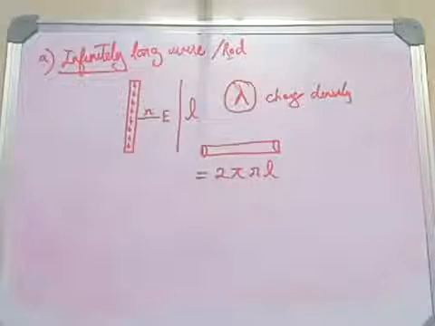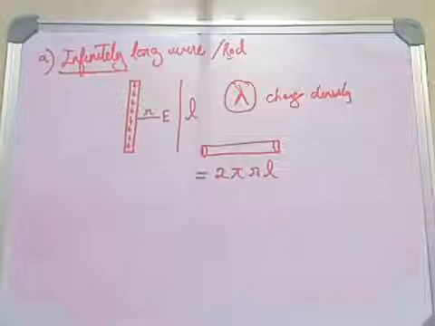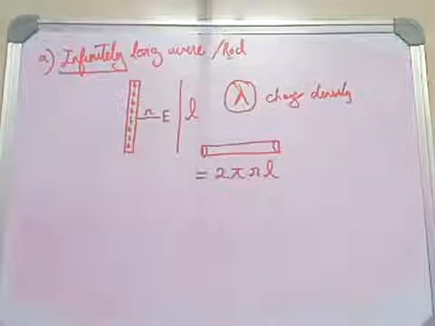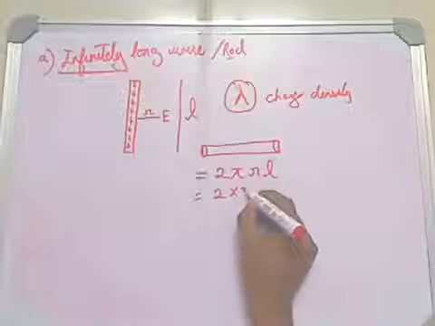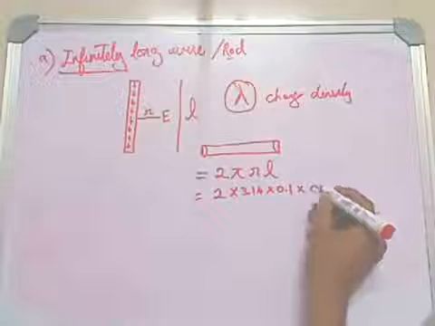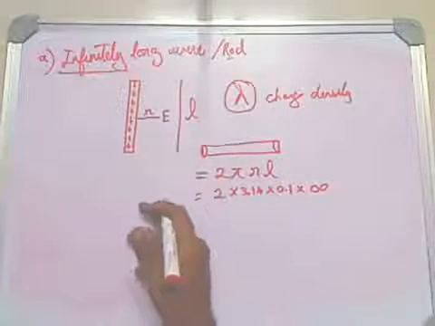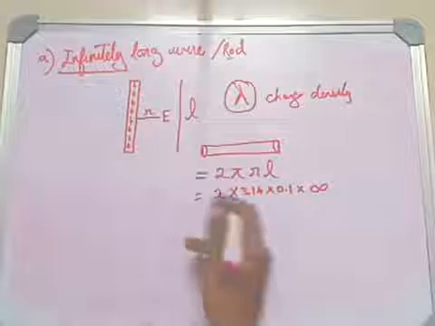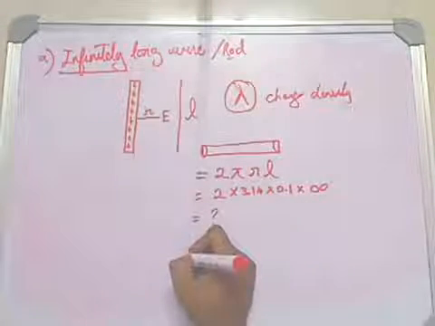So if I were to use any formula here, let's say I consider the radius of the wire to be 10 centimeters, that's 0.1 meter. I would be in fact multiplying this as something like 2 into 3.14 multiplied by 0.1 multiplied by infinity. The length of the wire here is in fact infinite. So when I do something like this, my value in fact is, I have no idea.